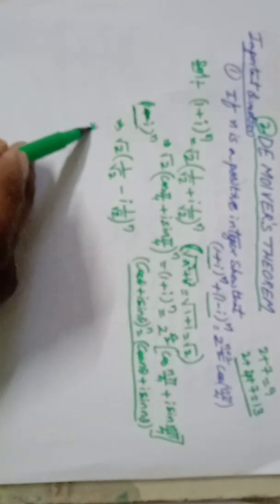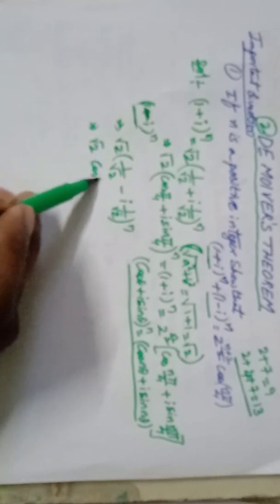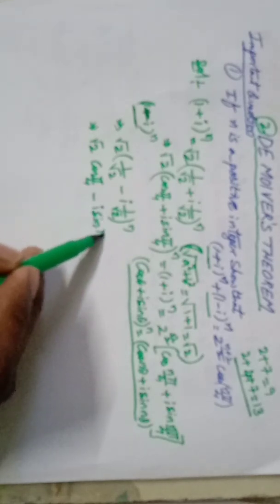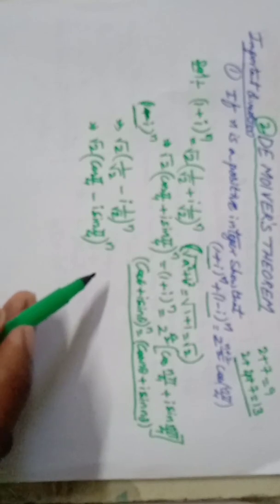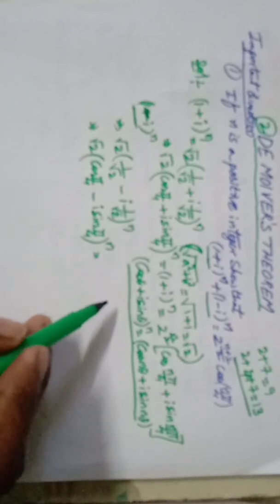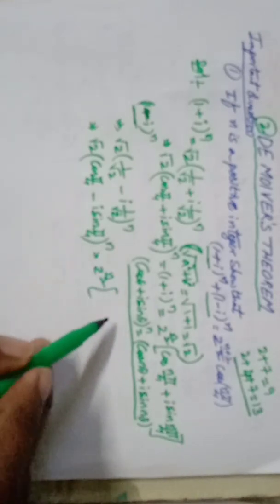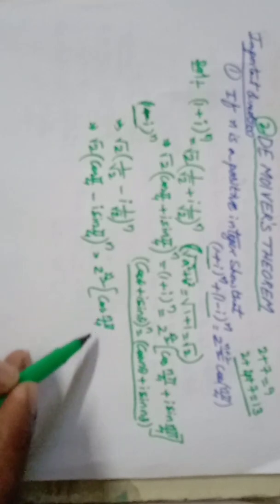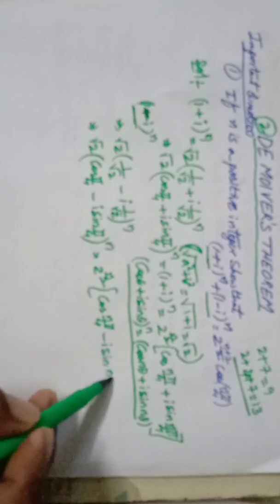So here we get root 2 (cos pi by 4 minus i sin pi by 4) whole to the power of n. This can be written, by De Moivre's theorem, as 2 to the power of n by 2, like what you wrote previously, cos n pi by 4 minus i sin n pi by 4.